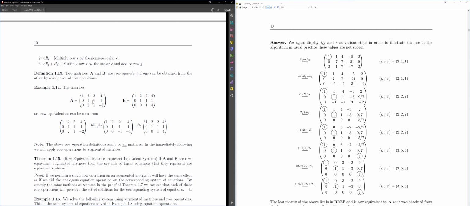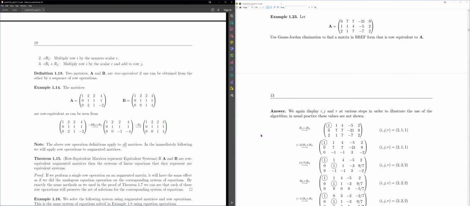You did go from one matrix to the next by a sequence of row operations, so matrices A and B are row equivalent. Okay, if you want a next example of this over here.